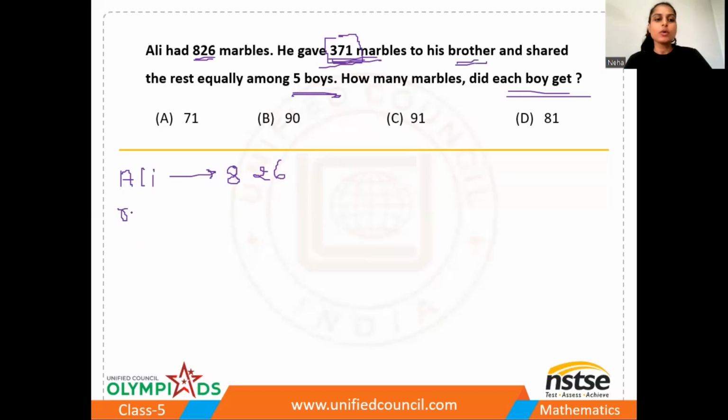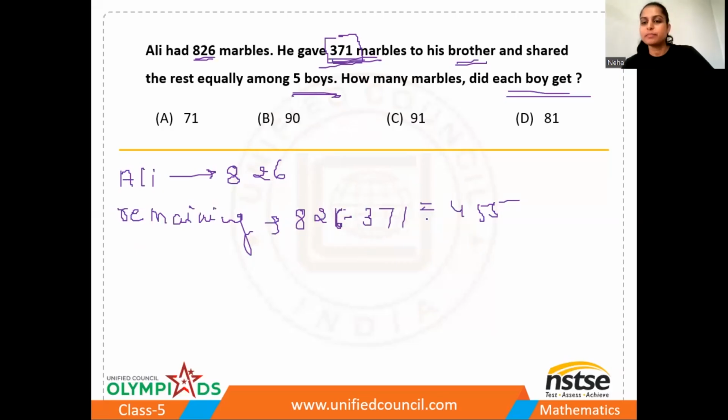So now, what are the remaining marbles after giving to his brother? 826 minus 371 is 455. That means after Ali gives to his brother, he has 455 marbles left.